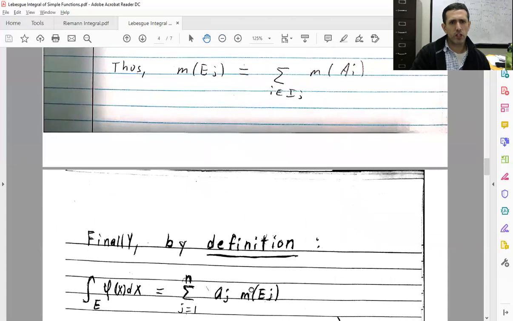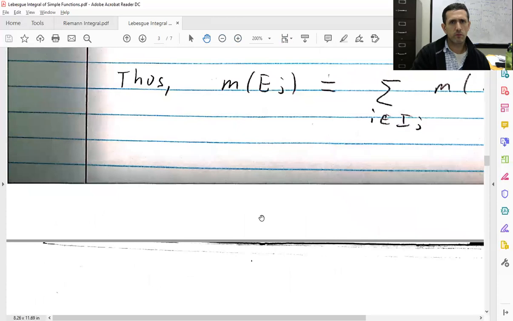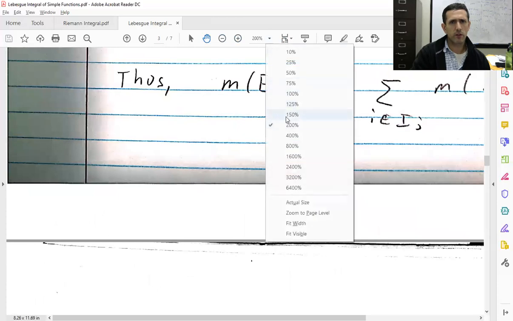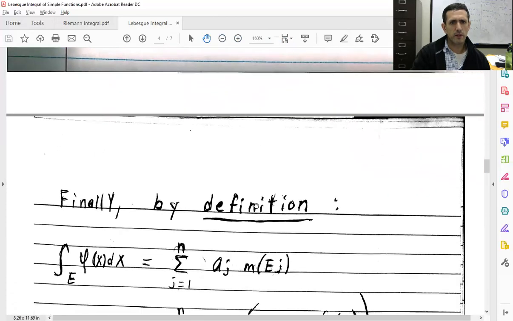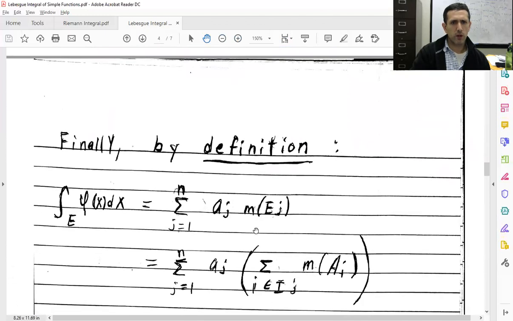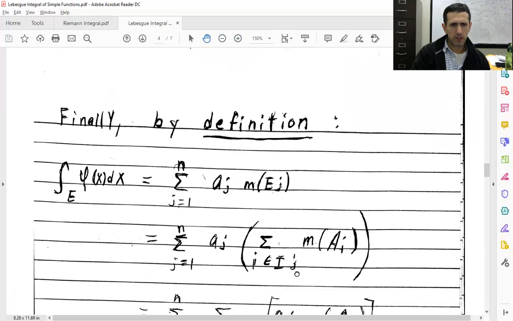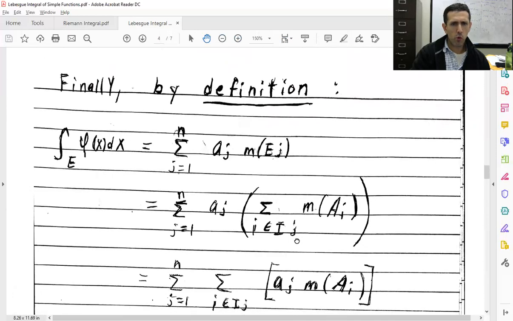I have an m(E_j) here, and I can plug in the sum. Sorry, let's go back here. So I plug m(E_j) as the sum, plug that in here. All I'm going to do is trivially bring in the a_j into the sum here.